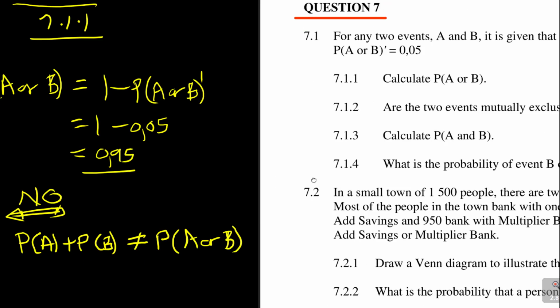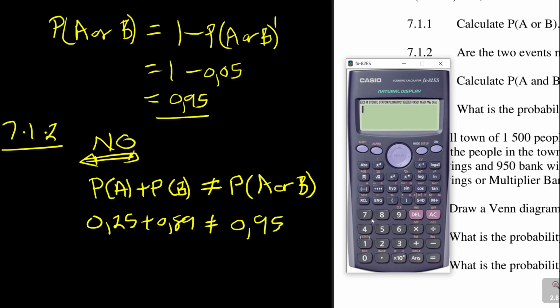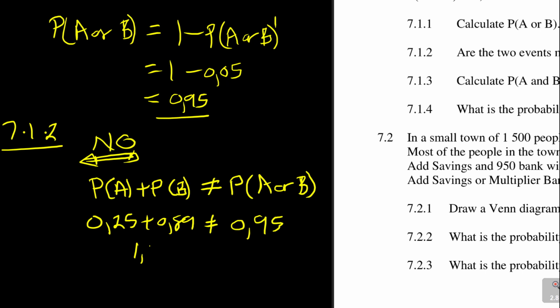Probability of B is 0.89. 0.25 plus 0.89 should give us the one that we have, 0.95. But you can see that it's not equal. If you just add, you can see that it's actually more. 0.89 plus 0.25 is more than 1 already, which is 1.14. 1.14 is not equal to 0.95.